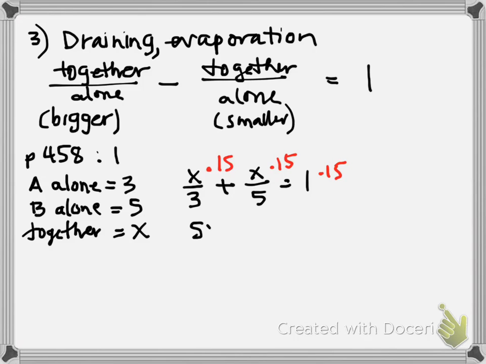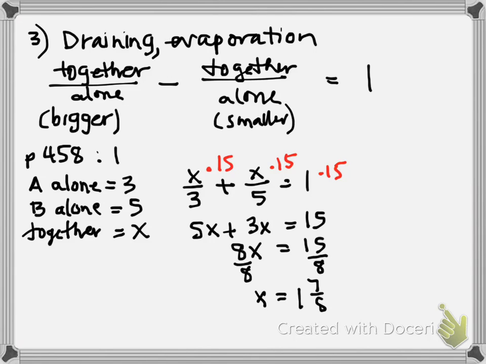And we get 5x plus 3x equals 15. Okay, isn't this a little creepy? Do you not recognize these numbers? Didn't we just do this in that last problem? That's kind of weird. So we get 8x equals 15, divided by 8, and we get x equals 1 7/8. So we just write the answer as 1 7/8 hours.